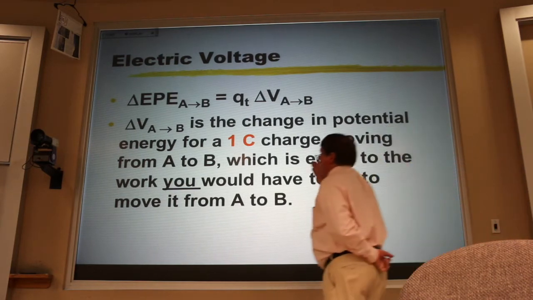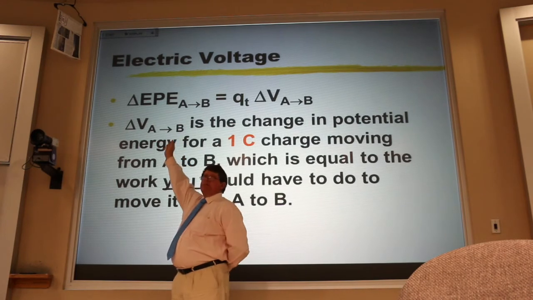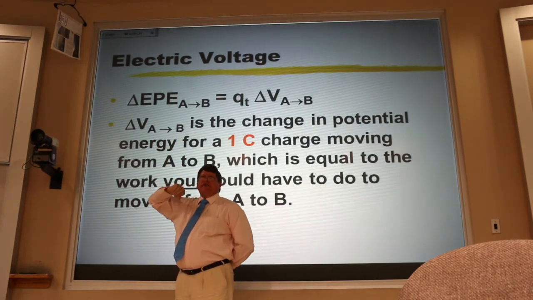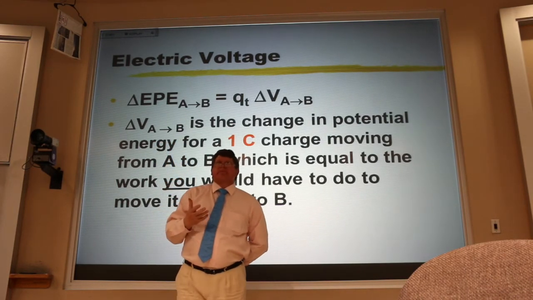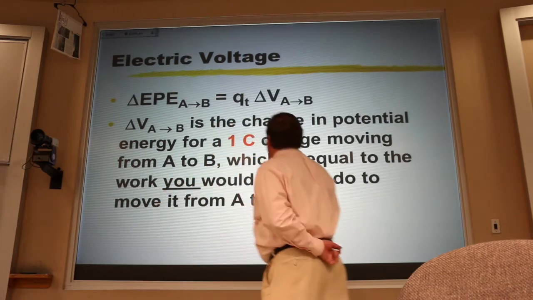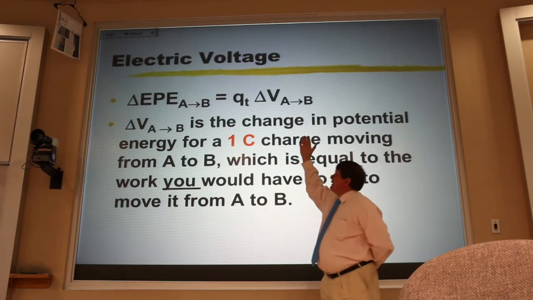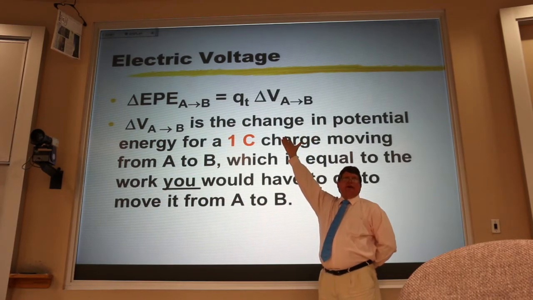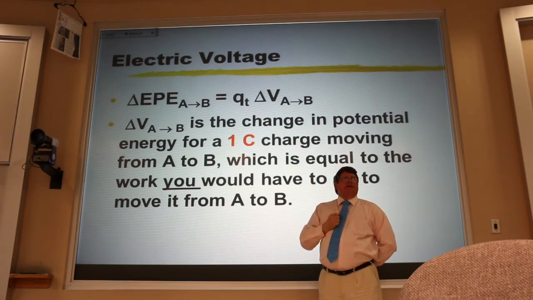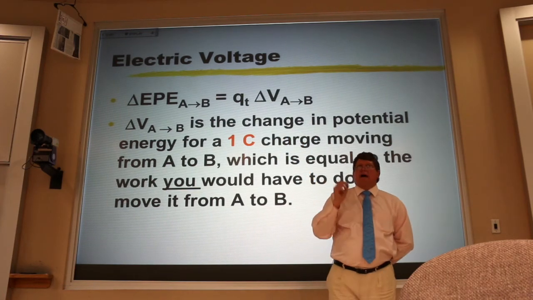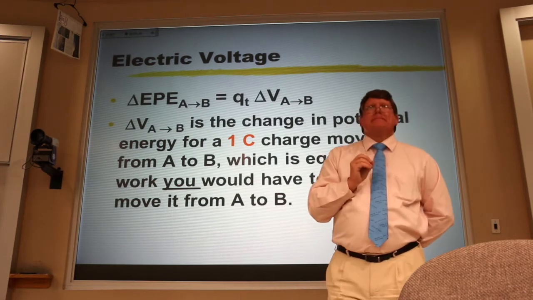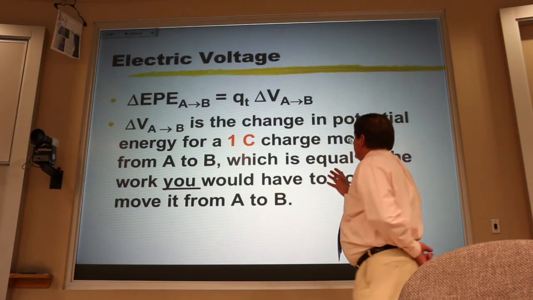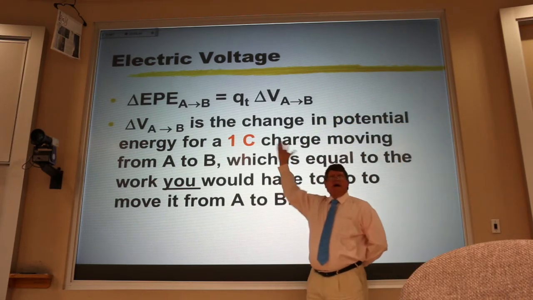What we really care about is the change in the electric potential energy as something goes from A to B. And we find that by taking the voltage from A to B and scaling it by the test charge that we're actually moving from A to B. In that sense, this voltage is a rate.